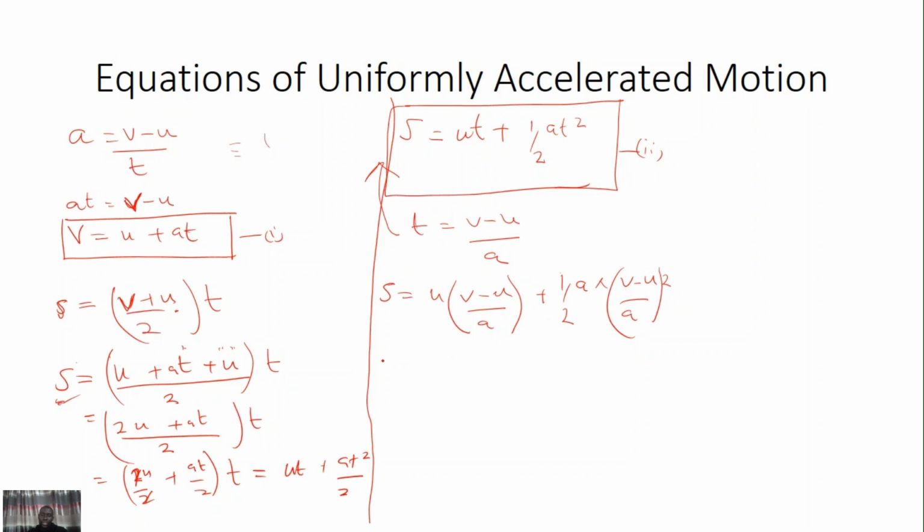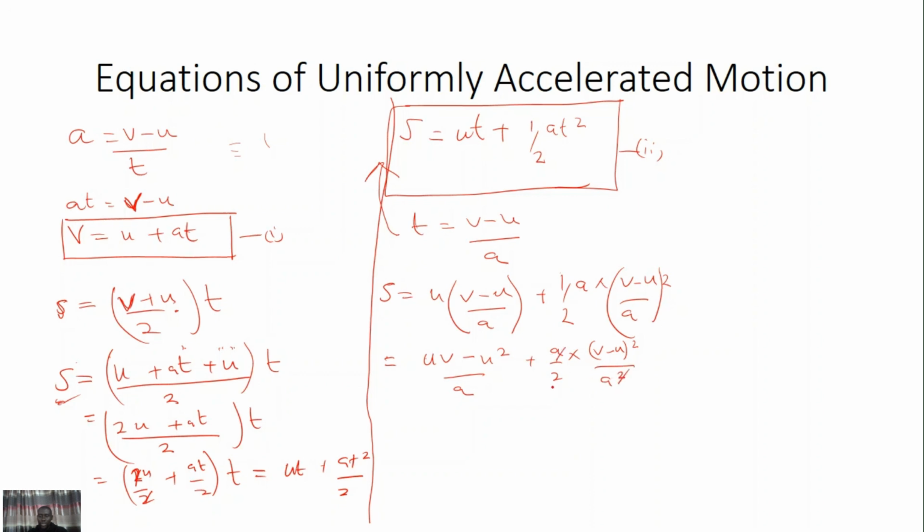This will be the same thing as (uv minus u squared) over a, plus (a over 2) times (v minus u) squared divided by a squared.